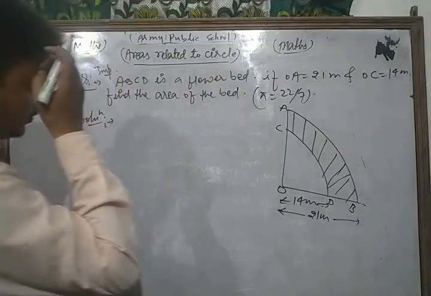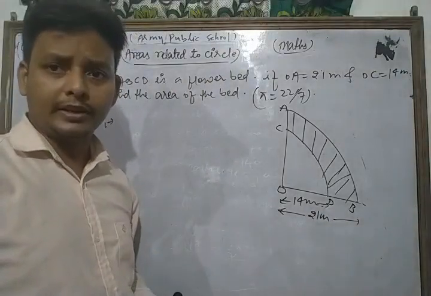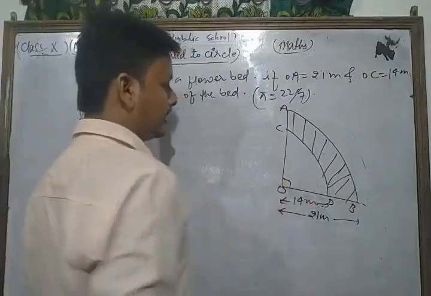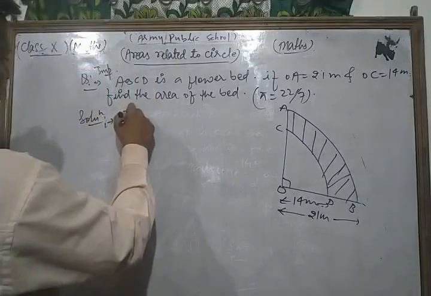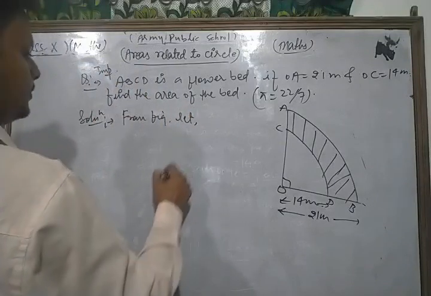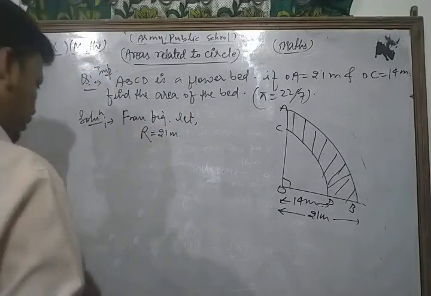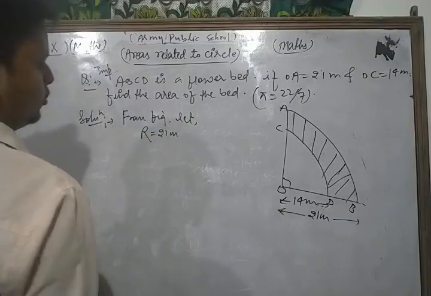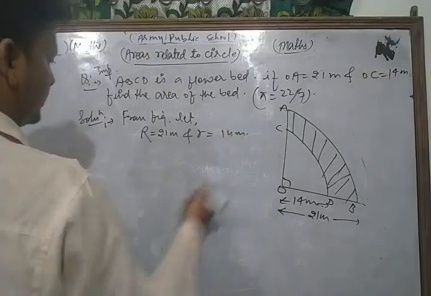Now look here. In this figure there are two quadrants. This is the shape of a quadrant, because its frontal angle is 90. Now from the figure, let capital R be equal to 21 meter, the radius of the bigger quadrant, and small r we take as 14 meter.